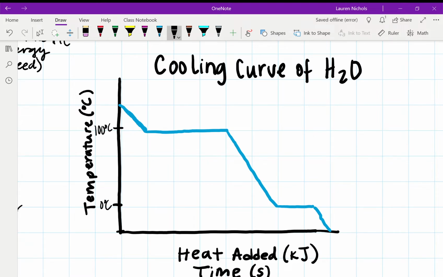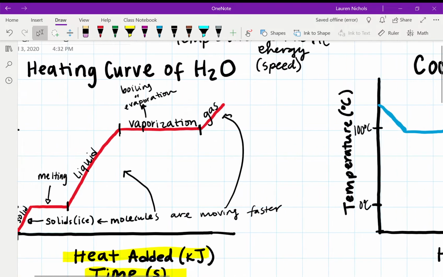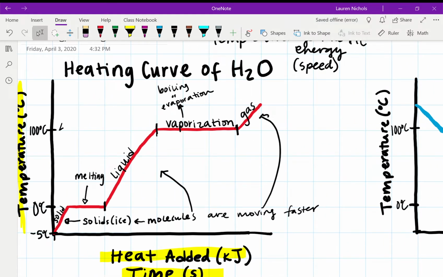We call this temperature the boiling point, based off the temperature where everything starts to boil or vaporize. And 0 degrees Celsius is called its melting or freezing point. It's called both. But we never call 100 degrees its condensation point. I guess you could, but it's not really that common.